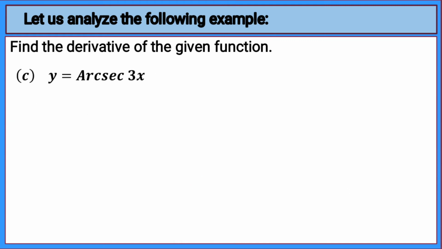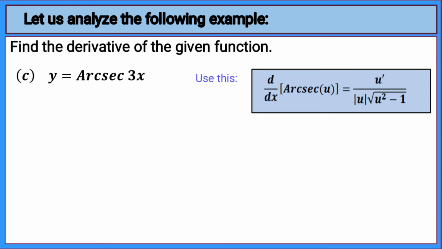Next, we need to find the derivative of arc secant 3x. So we are going to use this format for the derivative of arc secant u. It is u prime over the absolute value of u times the square root of u squared minus 1.